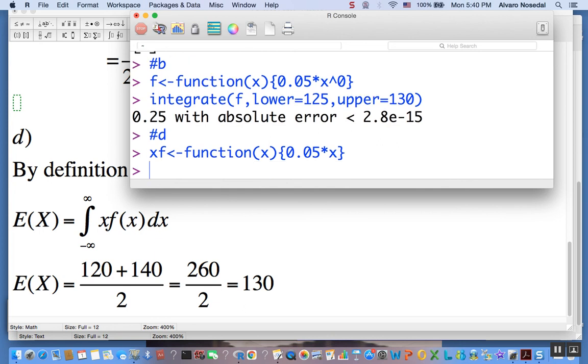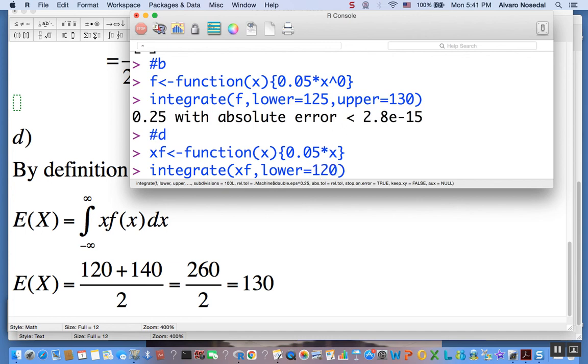Now we want to integrate that new function that we called xf. The limits are from negative infinity to infinity, but between negative infinity and 120 we have 0, so that doesn't matter.